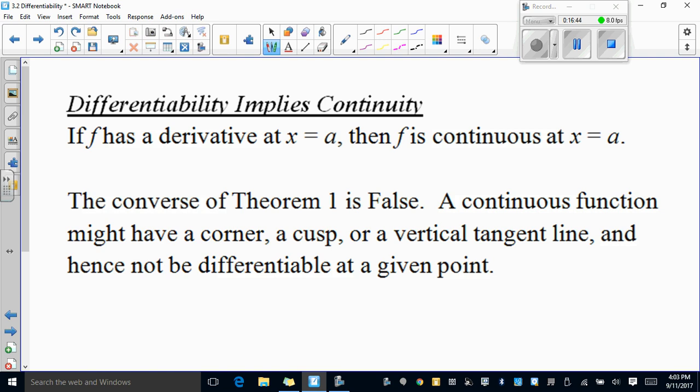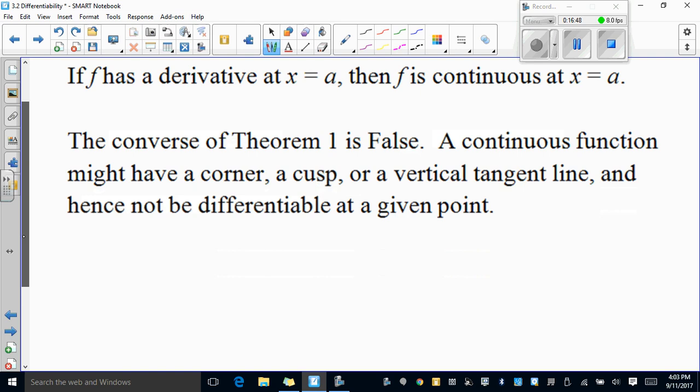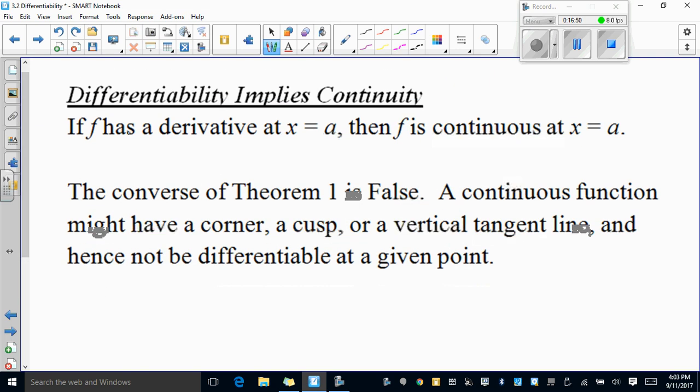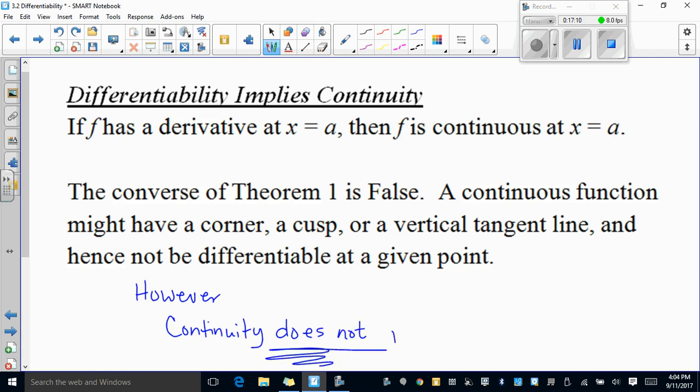So I write that down as I hear you guys going, yeah. Okay, so they say that here, differentiability implies continuity. However, continuity does not imply differentiability.